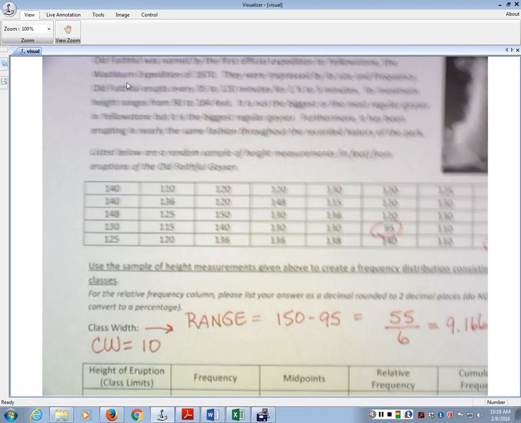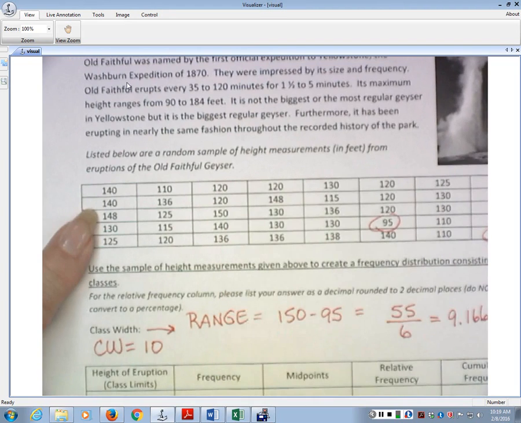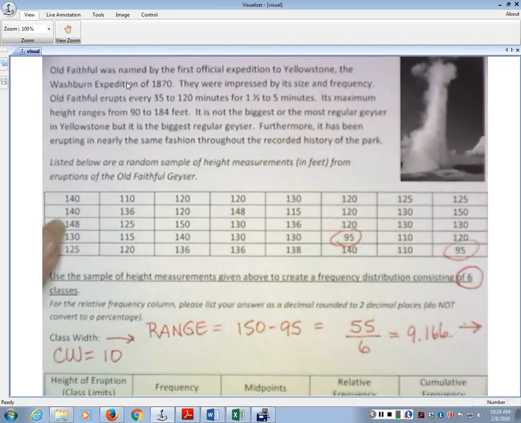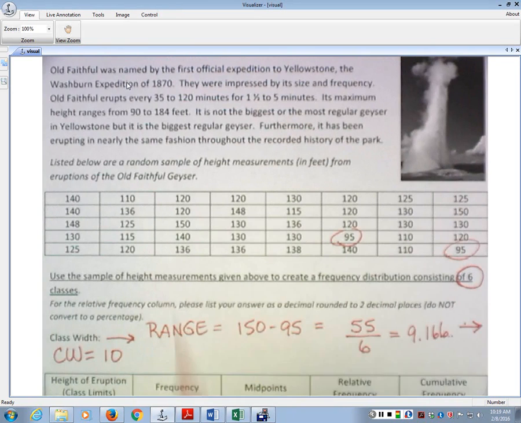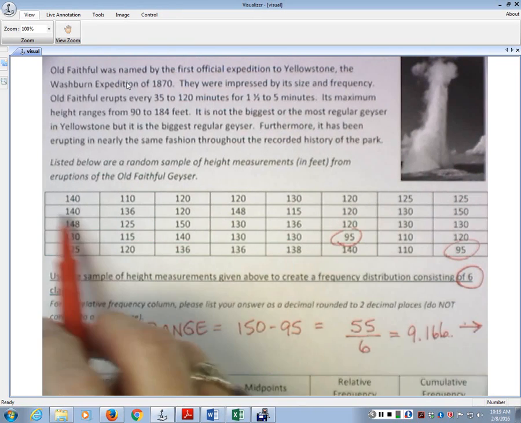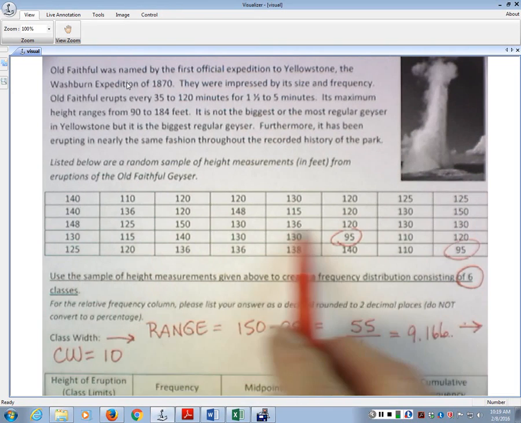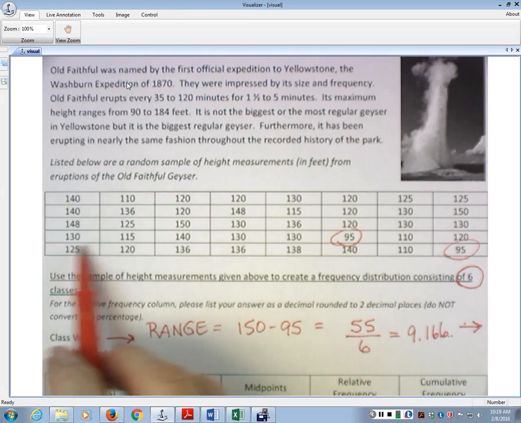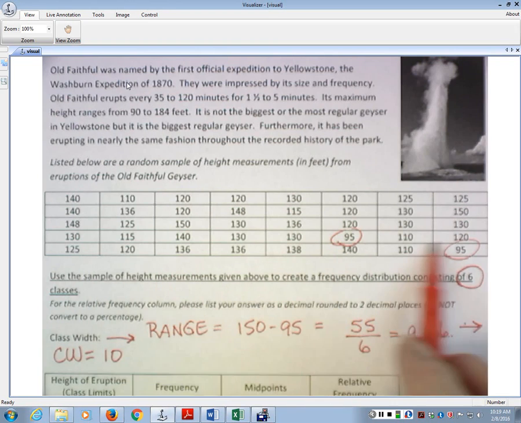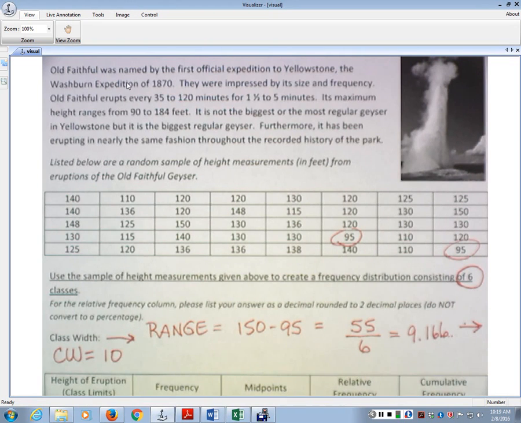And then how many from 105 to 114? We can't see any last column. Let's speed them over a little bit. 3. Yeah, I see. Let's see, 95 to 104 is 2. 105 to 114.